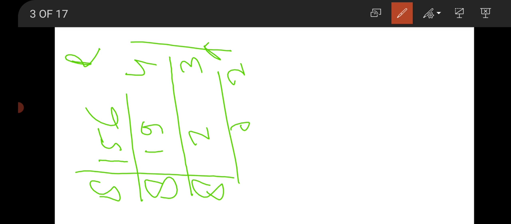Again divide it by 8, 8 2s are 16, the remainder will be 3. Again 2 is the remainder. We cannot divide further.